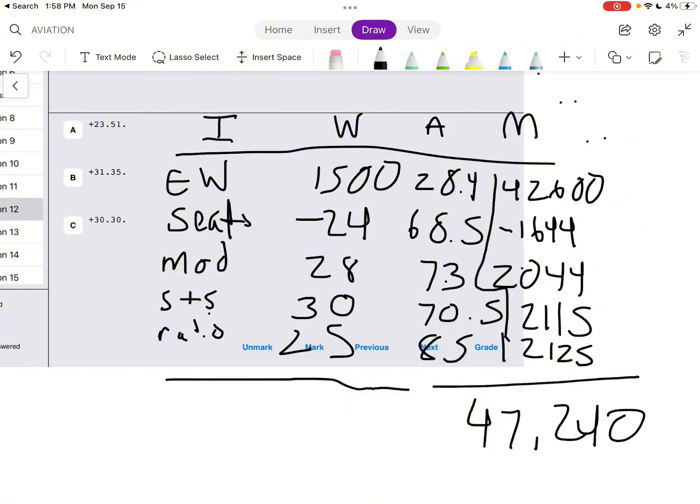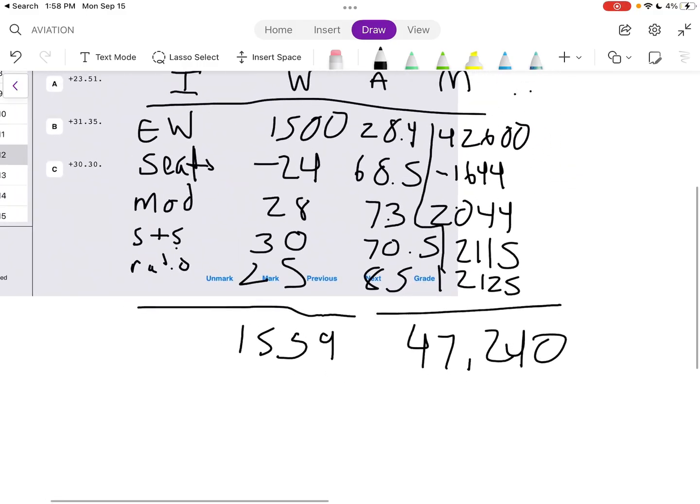And then you're going to add all of the weight together. So you started with 1,500 and you subtracted those seats, 24 pounds, and then you added the mods, 28 pounds, the seat and the seat belt, 30 pounds, and then 25. So your new weight is going to be 1,559. So now to calculate your new CG, you're going to divide your moment by your new weight.